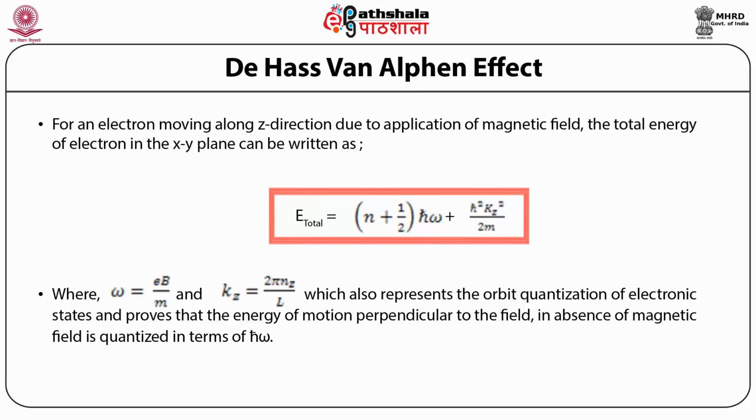So equation 2 represents the orbit quantization of the electronic state and proves that the energy of motion perpendicular to the field, in the absence of a magnetic field, is quantized in terms of h cross omega.